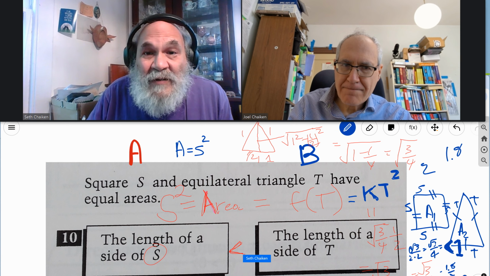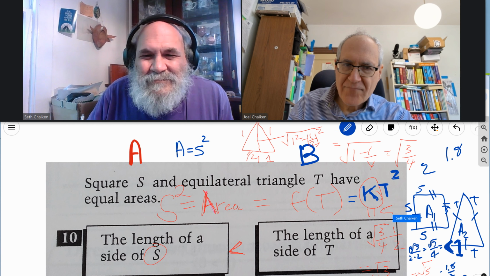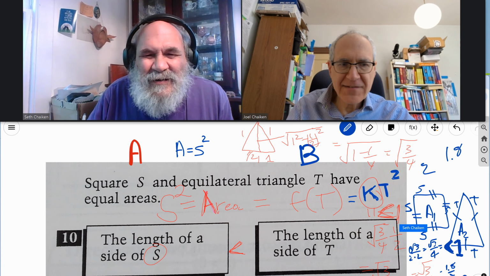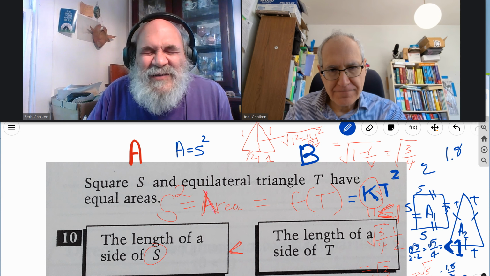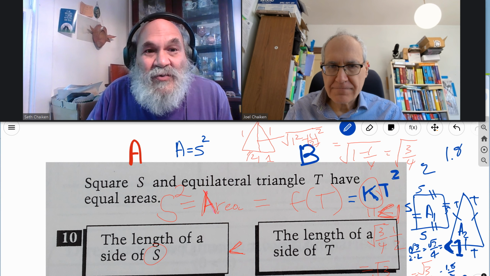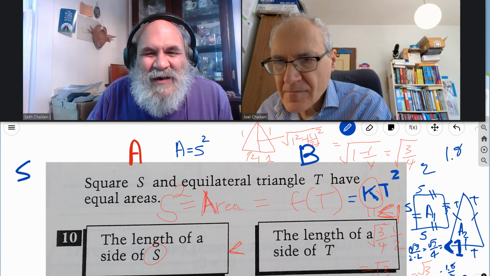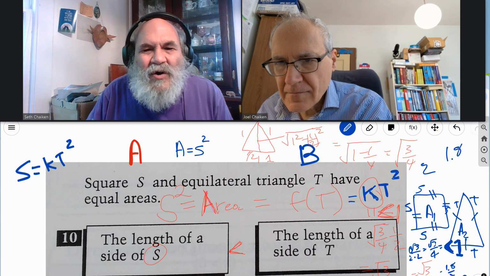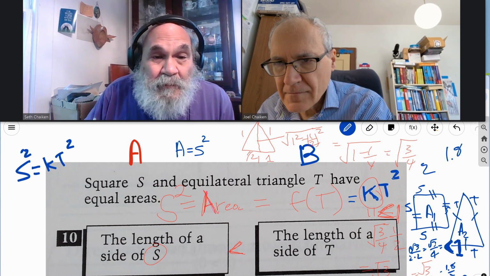K is less than 1. And this is telling you a comparison between S squared and T squared.